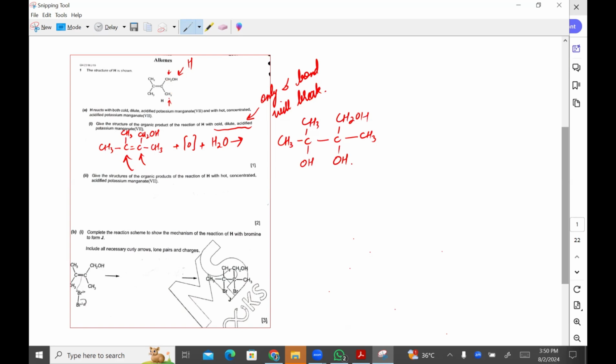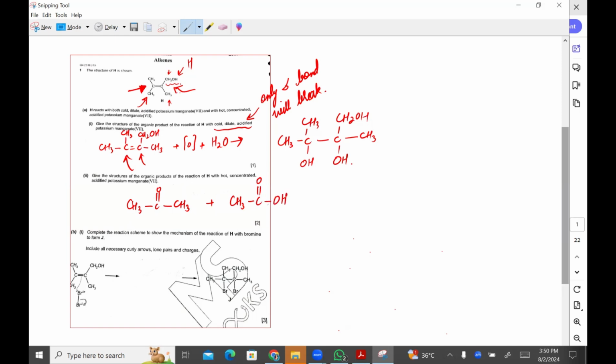If there is only one hydrogen or another group, then carboxylic acid will form. So carboxylic acid would form at this position, and what is going to form here? You can see that there is no hydrogen here. So what is going to form here? Ketone. Very good. C double bond O, CH3. So this is the ketone which is going to form at this place. And on the other place, carboxylic acid forms, as it has only one alkyl group here.